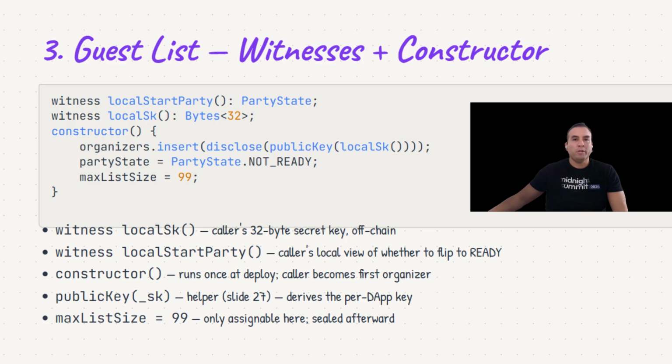Whoever deploys is automatically the first admin. Then set party state to not ready and write max list size to 99. Because max list size is 0, this is one and only assignment. After this constructor finishes, it's frozen for the life of the contract.